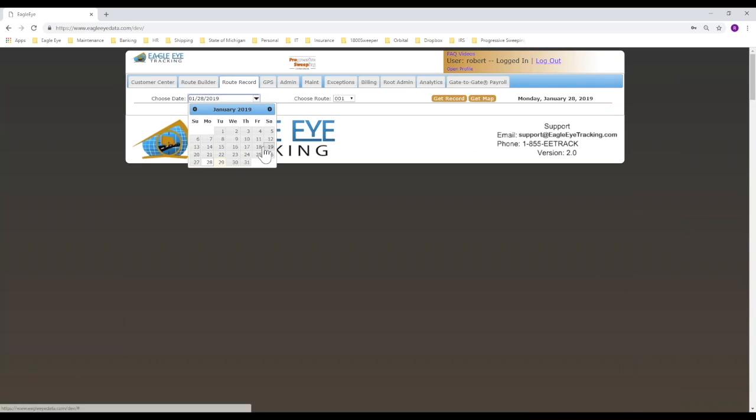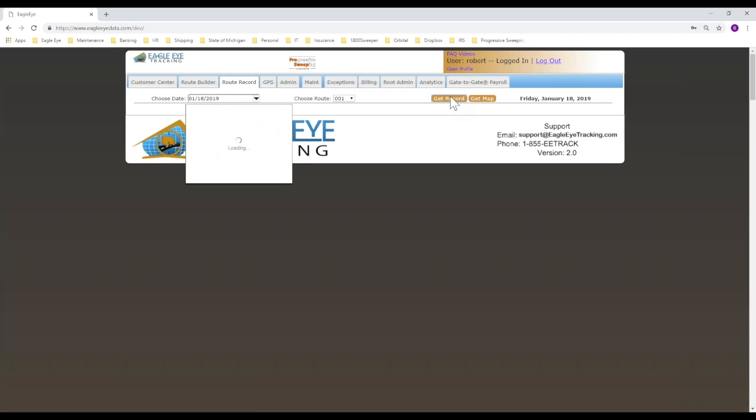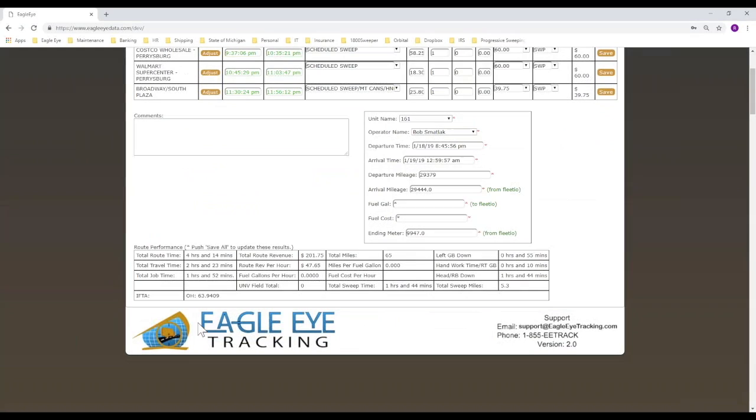Don't forget that you can also get a good idea of how efficient you are with that route by looking at your travel time compared to your job time. So in this particular one, they were out 4 hours and 14 minutes. They drove more than they worked. This should be a conversation with the operator to find out why we're spending more than 50% of our time driving around versus actually out working.